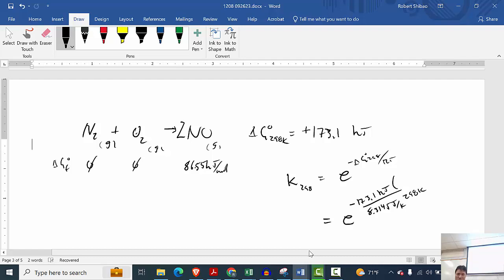Now the joules and the kilojoules don't cancel. And so I'm going to change the kilojoules to joules. So 1,000 joules per kilojoule. And so let's see what this comes out to. I'll have to use my phone calculator.